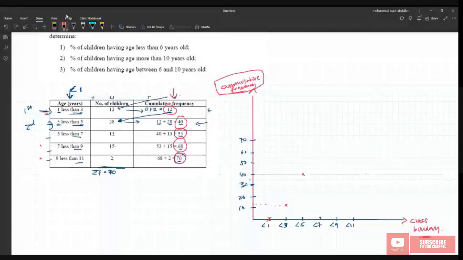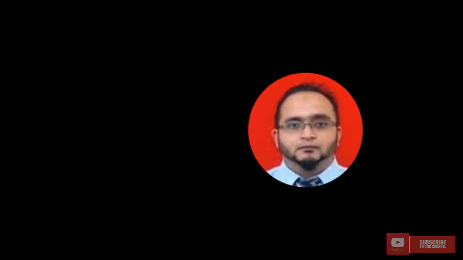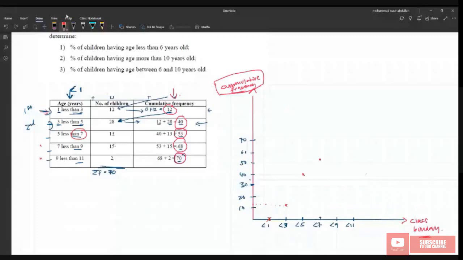For less than 7, the cumulative frequency is 53. So we're going to put 53 over here. And then the less than 9 is 68, somewhere here. And then for less than 11, the cumulative frequency is 70.